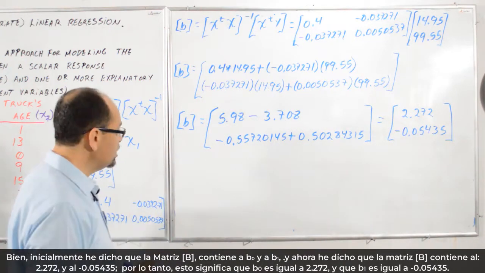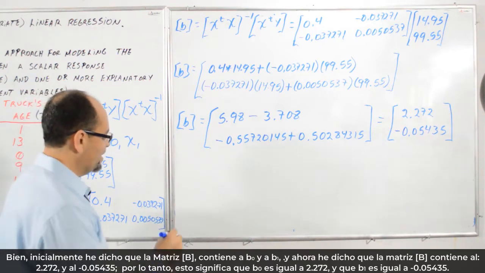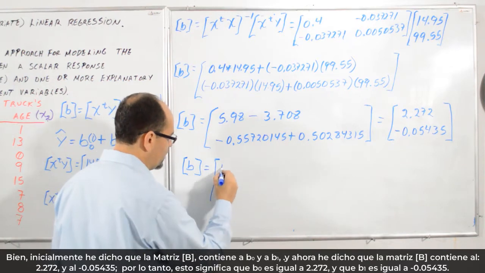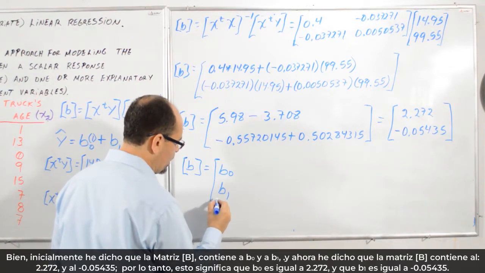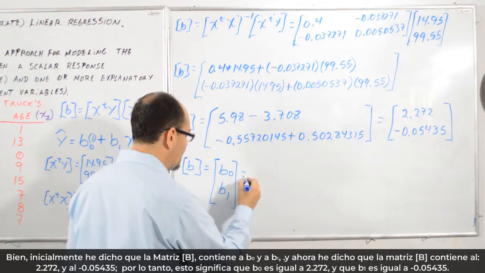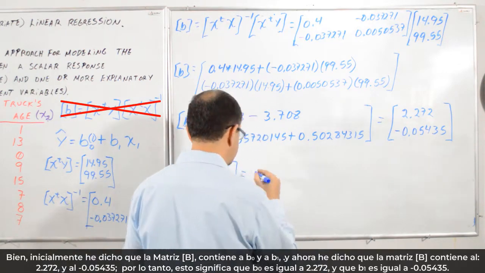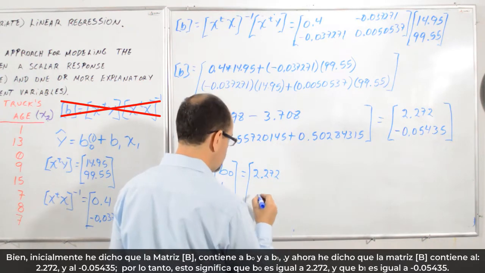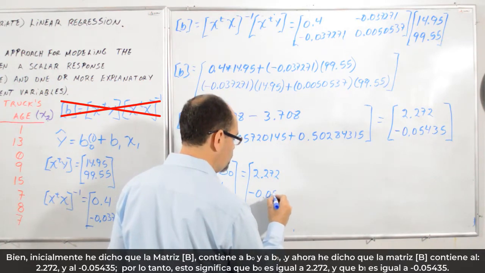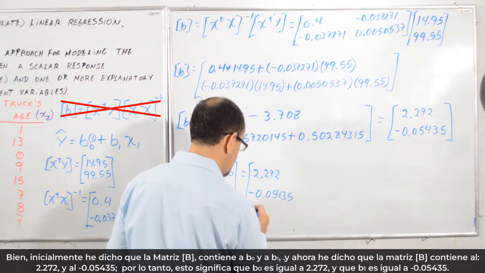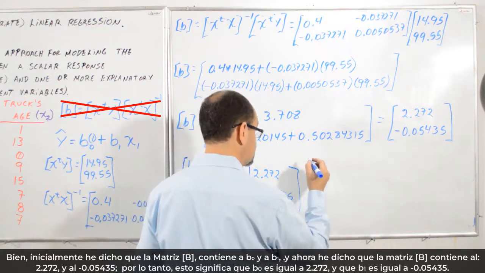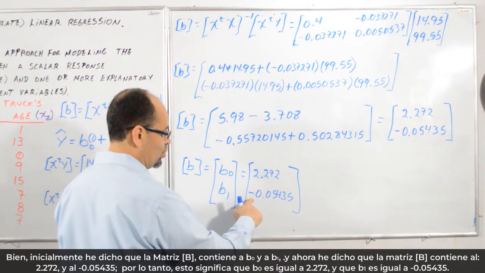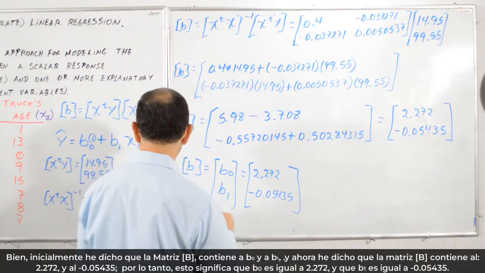Well, initially I have said that matrix B is equal to B0 and B1. And now I have said that matrix B is that one, which is 2.272 and minus 0.05435. That means that B0 is equal to 2.272 and B1 is equal to minus 0.05435.